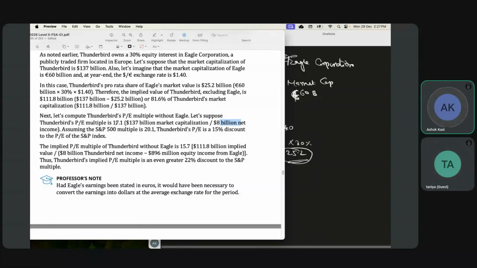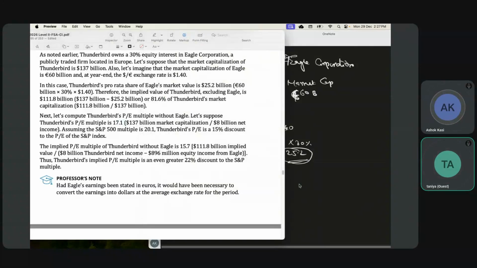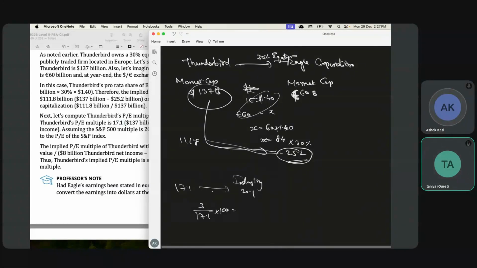Right now it is 17.1 and the industry is 20.1, so you can take the difference. Difference is 3, right? 3 divided by 17.1 into 100. It comes to 17.54%.